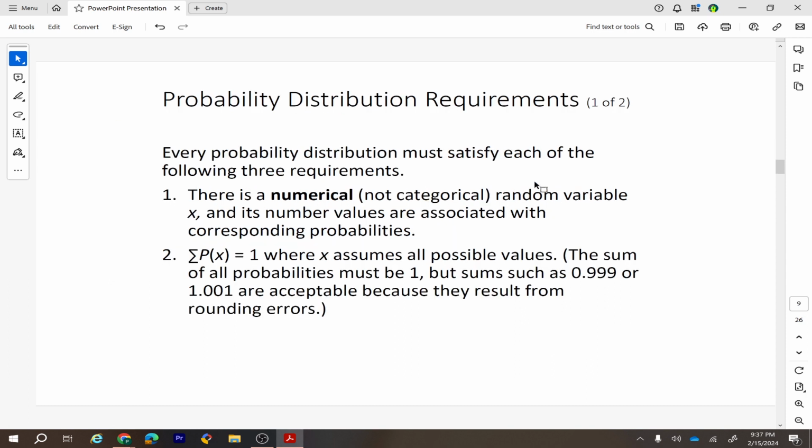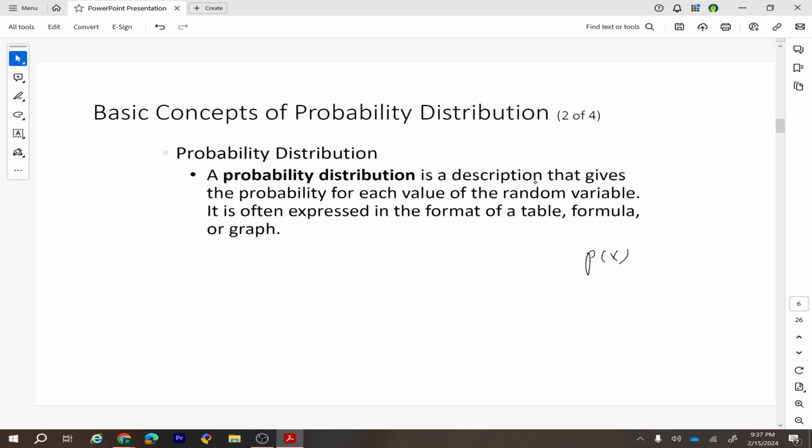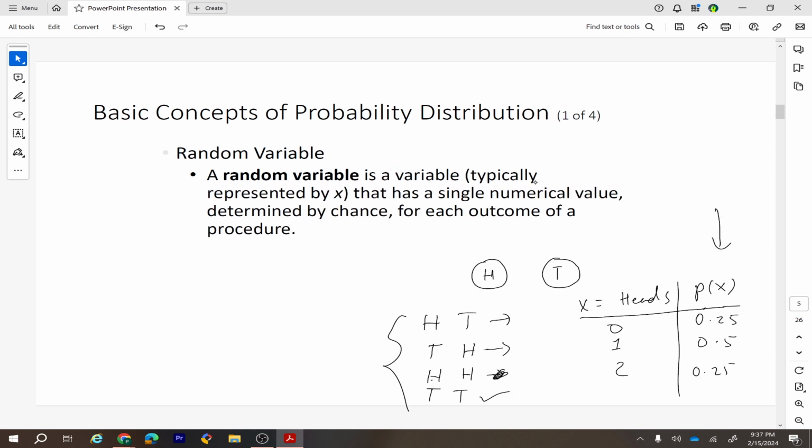There are some requirements for the probability distribution. If we are talking about the probability distribution, there is a numerical random variable. The variable is supposed to be numerical. If you see a categorical variable, that's not a probability distribution. And this symbol means the sum of all possible probabilities is supposed to be 1. If you go back to the example I was giving you, if you add all these probabilities, it's supposed to be 1.